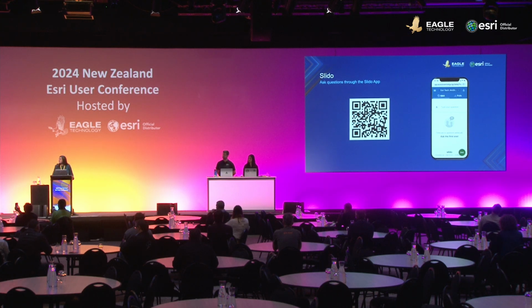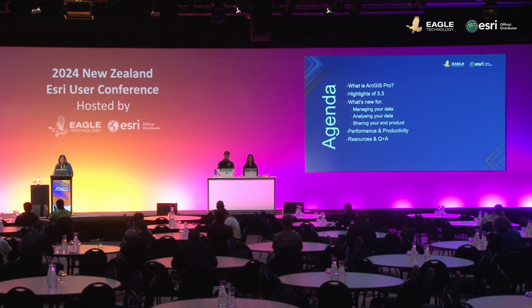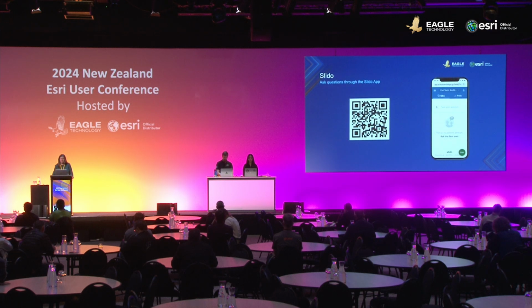You can just go to slido.com on your device and put in the code, or you could use the QR code there. I think the code is not on there. I can read it out if you can't scan the QR code. It's #3051193.